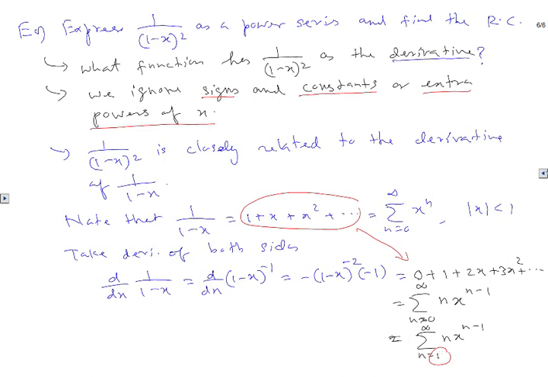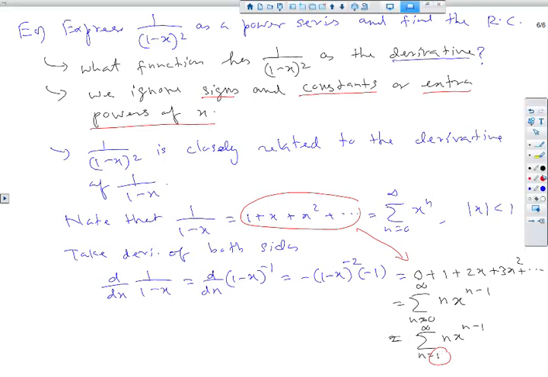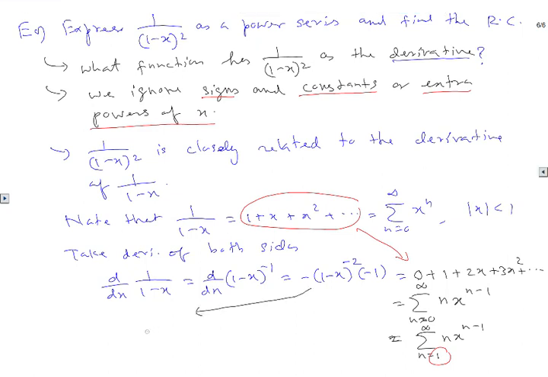So that's the answer. 1 over (1 minus x) squared equals sigma n going from 1 to infinity of n x to the n minus 1.